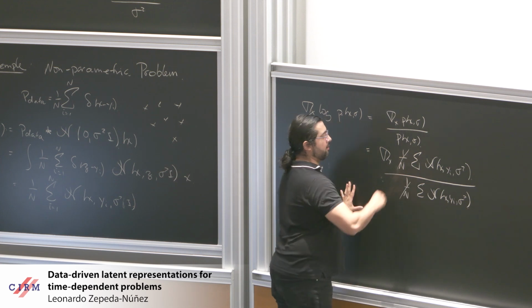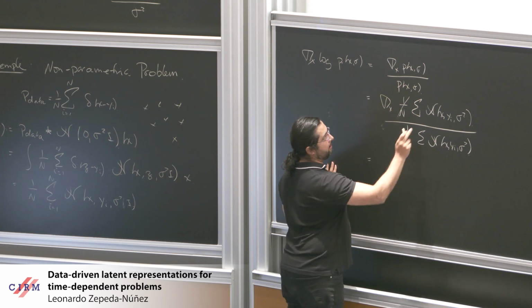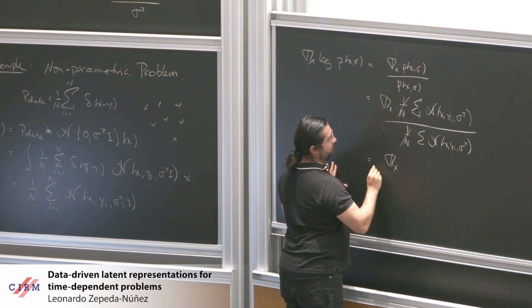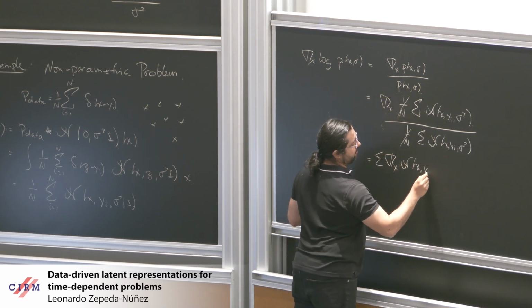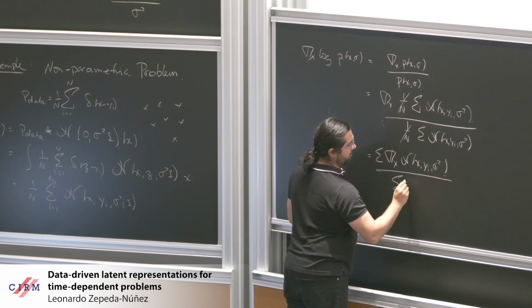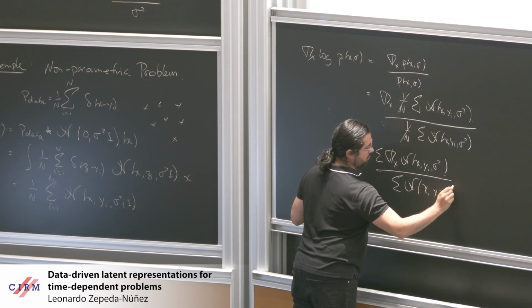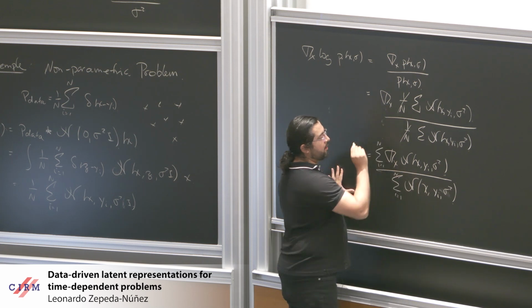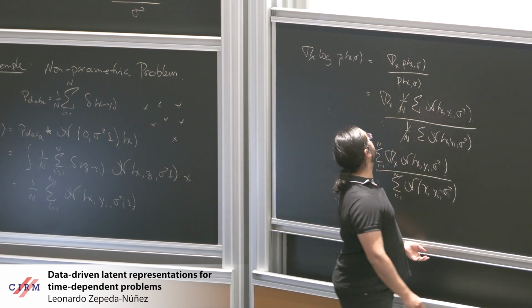Again, just cancel things. And then what we have is just this gradient to compute. So this gradient just goes inside the sum. So the only thing that we need is the gradient of the Gaussian.